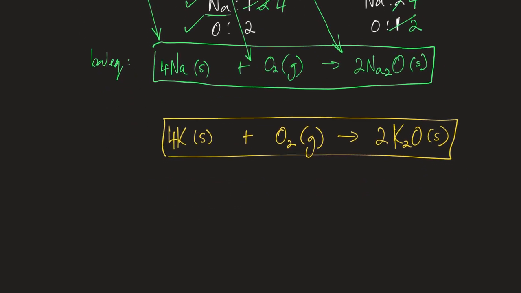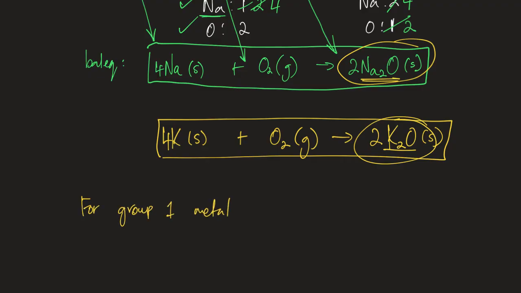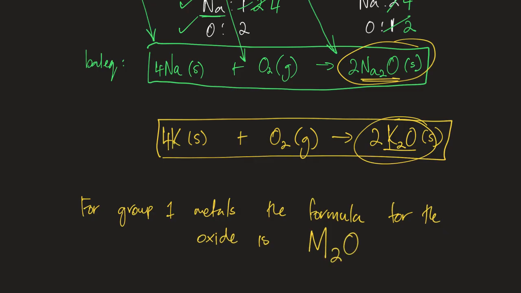Now, when I look at it, I know that for this here, have a look at what it looks like, this formula of the oxides. So it's on your worksheet, for group 1 metals, the formula for the oxide is M2O.